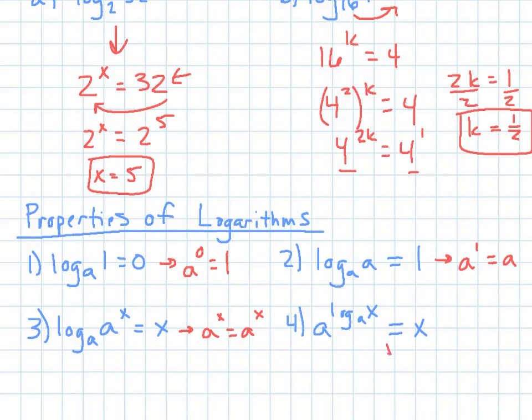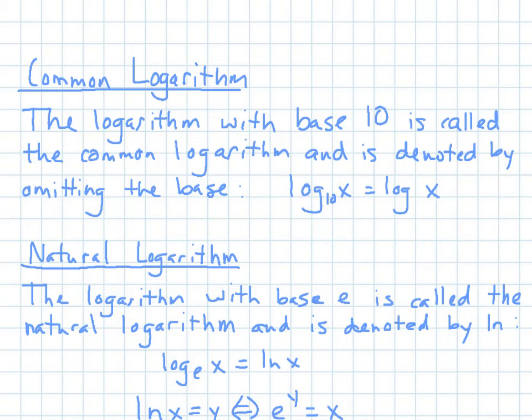Here you'd have to switch it to log form, so your base is a, and this is what you're taking it to, so log of x base a, which is equal to log of x base a. So just like it's saying. Okay? So those are a couple properties that we'll use to help us simplify certain things.